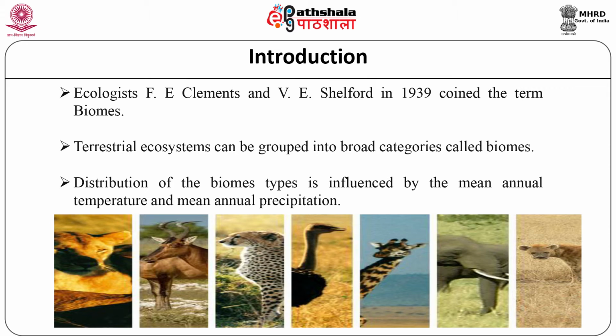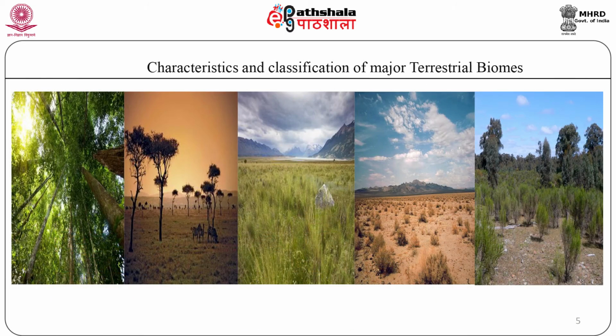Boundaries between the biomes are broad and merge into each other. These categories reflect the relative contribution of 3 general plant life forms, that is, the trees, shrubs and grasses. These plant forms represent adaptations under different environmental conditions.